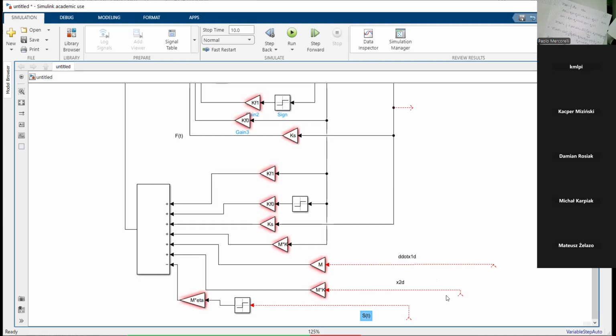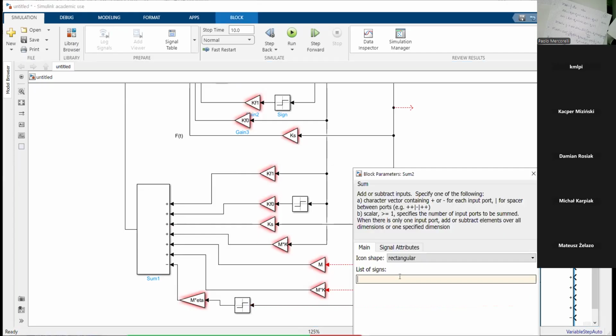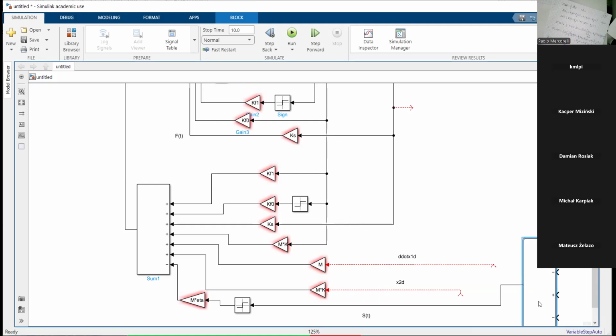This means we have here the sum of two elements, plus minus, plus minus, plus minus, which we had.